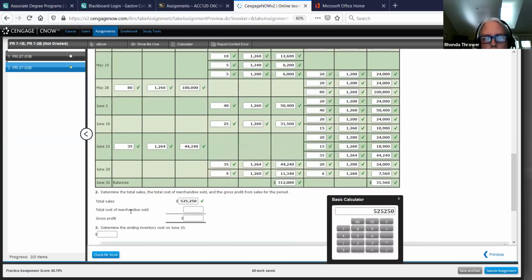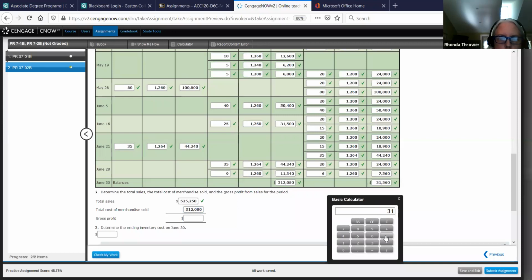So the next thing I need to do is subtract from my total sales. This should say less total cost of merchandise sold. The total cost of merchandise sold for this 3-month period is $312,080. You're going to subtract that from the total sales.